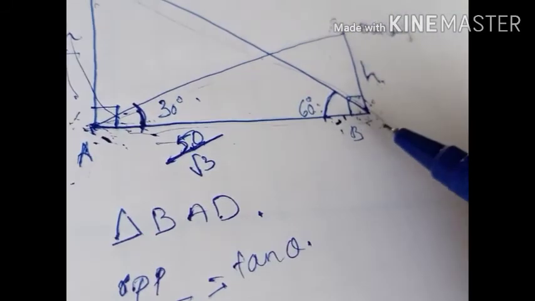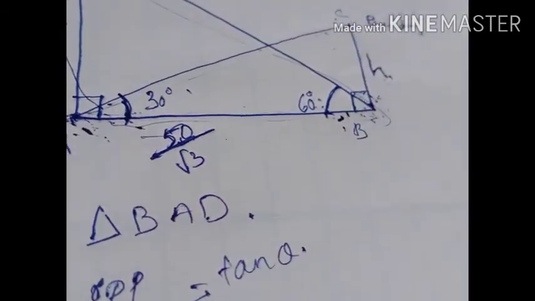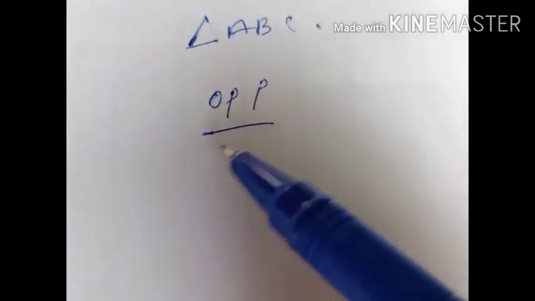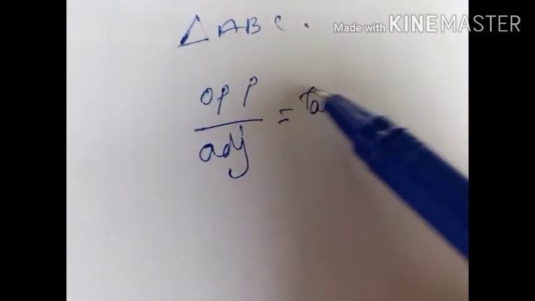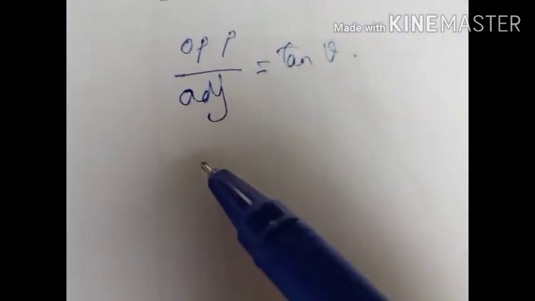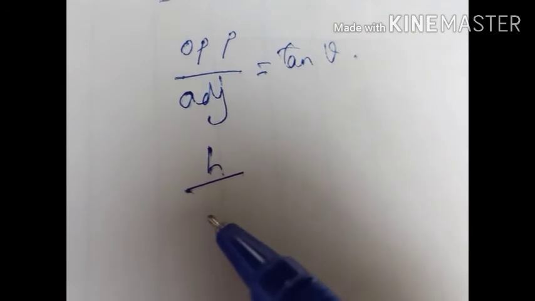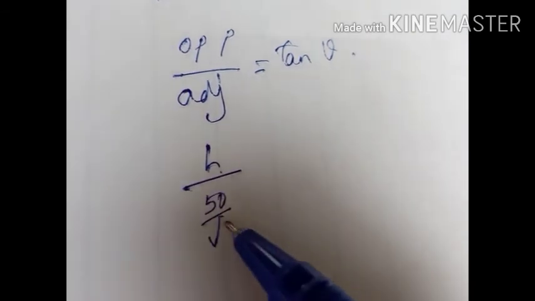Then what we should do? We have to consider right triangle ABC. From right triangle ABC, opposite we have to find, and adjacent side, that is AB, that we already got. That is equal tan theta. Opposite is H. Adjacent we got as 50 by root 3.